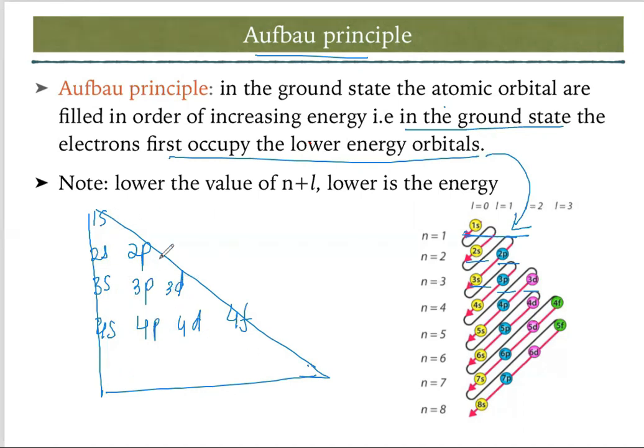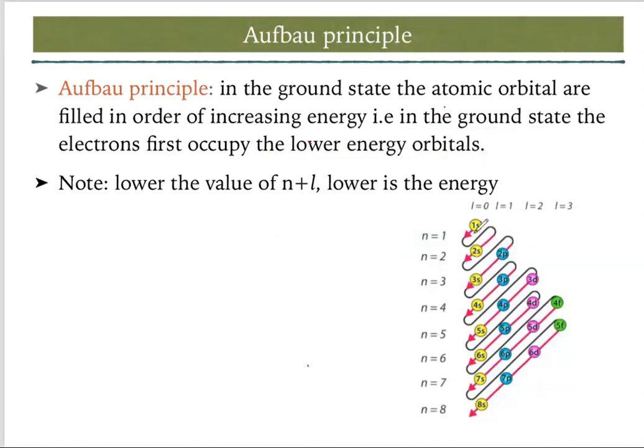Now a question: how can you write in increasing order of their energy? The rule says the electrons first occupy the lowest energy level. That means the orbital which has the lowest energy will be written first. Now you see this picture. When you are done with writing, just cross the 1s, 2s and 2p. So first it will be 1s. After that, the line is going to cross the 2s, so you write 2s.